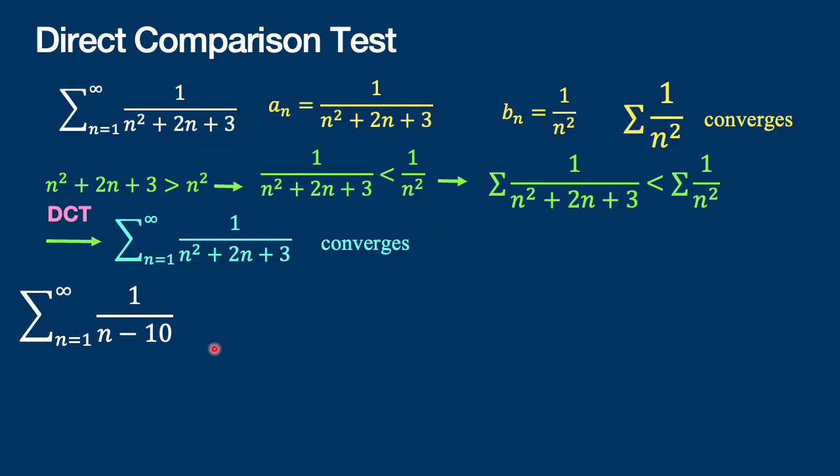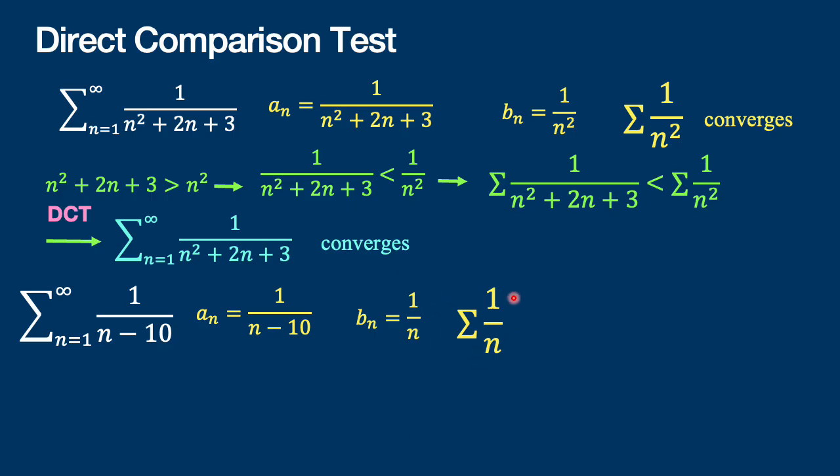Look at the next example, guys. Here a_n is going to be 1 over n minus 1. We want to find a benchmark series which is similar to 1 over n minus 1. So I'm going to pick b_n as 1 over n. Then you're going to say summation of 1 over n.